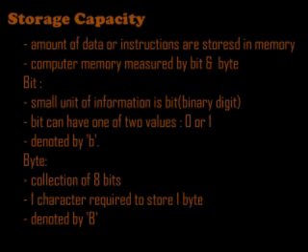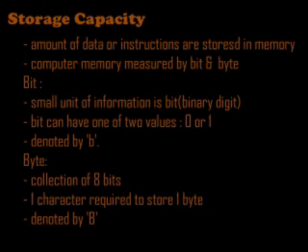Next, byte. A byte is a collection of 8 bits. 8 bits means 8 digits. A bit is 1 digit, whereas a byte is 8 digits. 1 byte is required to store one single character. This character may be a number, an alphabet, or a special symbol.